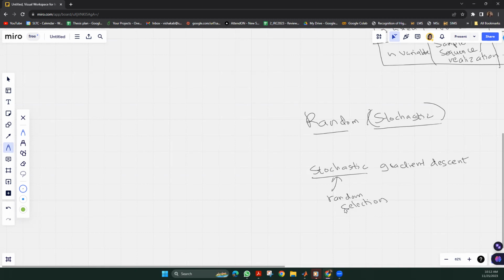So the word stochastic is also used interchangeably with random. Random processes and stochastic processes actually mean the same thing.